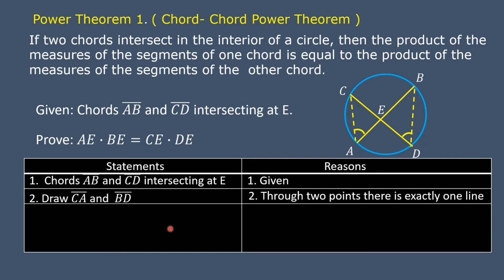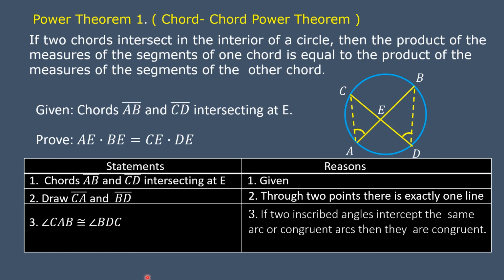Therefore, they are congruent. So for our third statement, we write angle CAB is congruent to angle BDC. The reason: if two inscribed angles intercept the same arc or congruent arcs, then they are congruent.